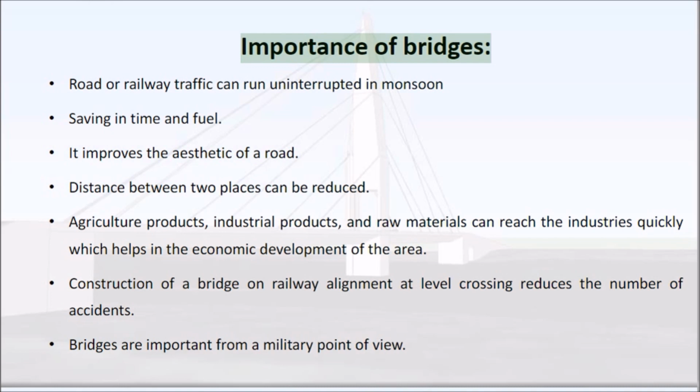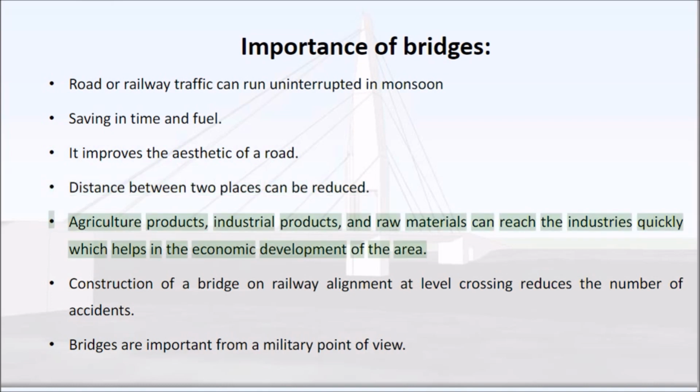Importance of bridges. Road or railway traffic can run uninterrupted in monsoon, saving time and fuel. It improves the aesthetic of a road. Distance between two places can be reduced.